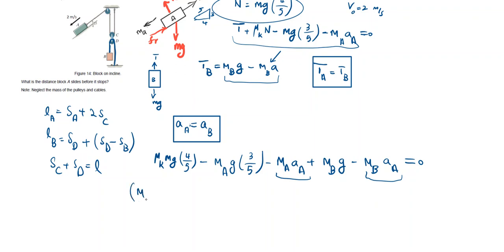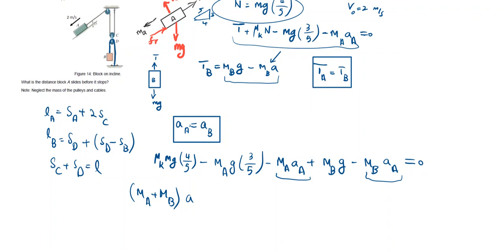I will get (m_A plus m_B) times the acceleration.